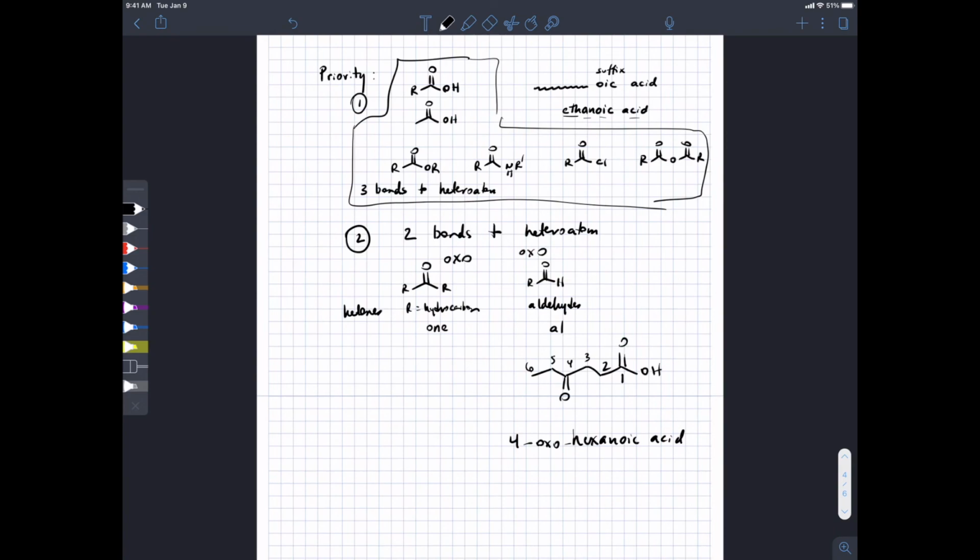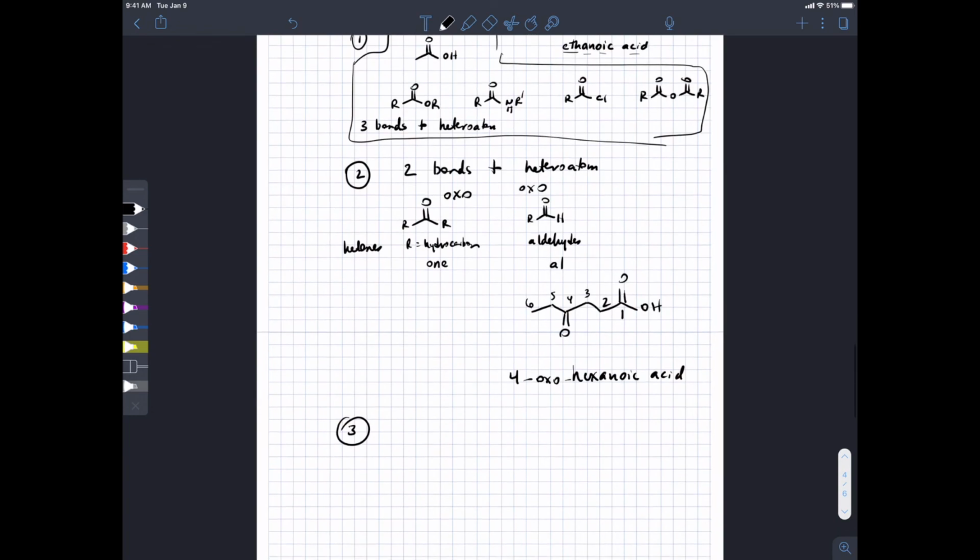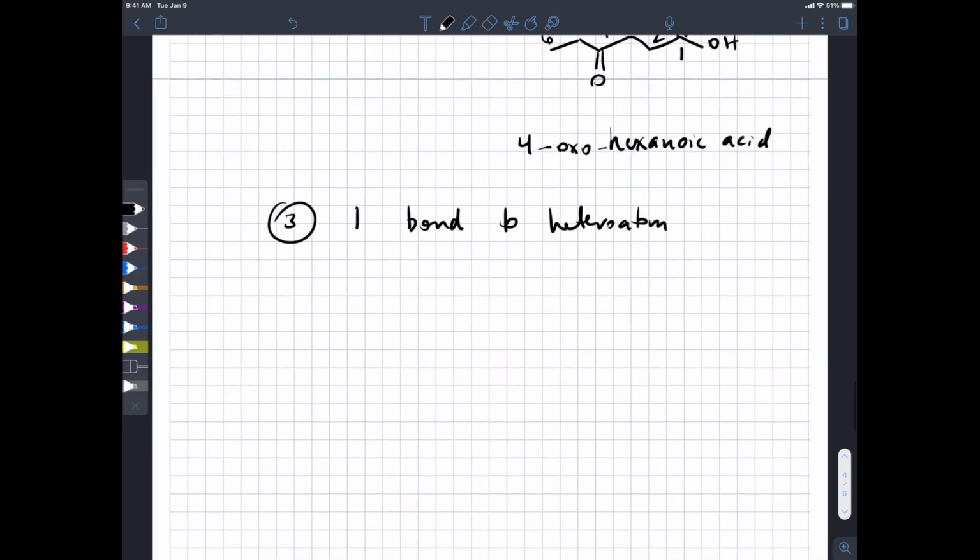And then finally, you have priority 3. In many cases, these are not the highest priority functional group, 1 bond to heteroatom. It's not necessarily that important to know within this group, which is the highest priority group, but you should know suffixes and prefixes.